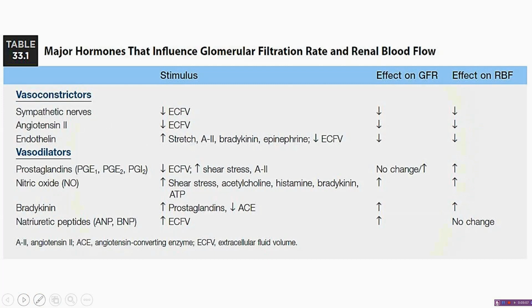There are some factors I have already discussed: the vasoconstrictors, the sympathetic nerve, angiotensin II, and endothelin; and the vasodilators are prostaglandins E1, E2, and PGI2, nitric oxide, bradykinin, and atrial natriuretic peptides.